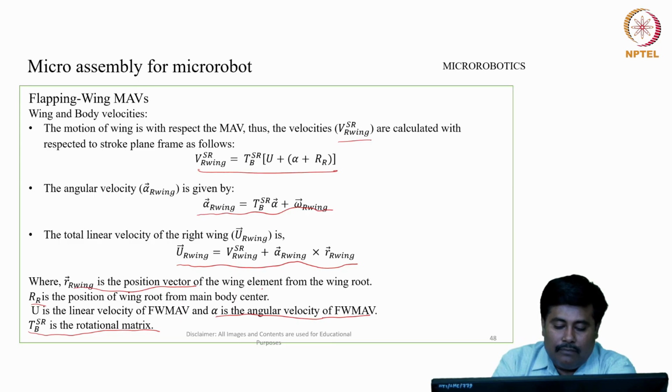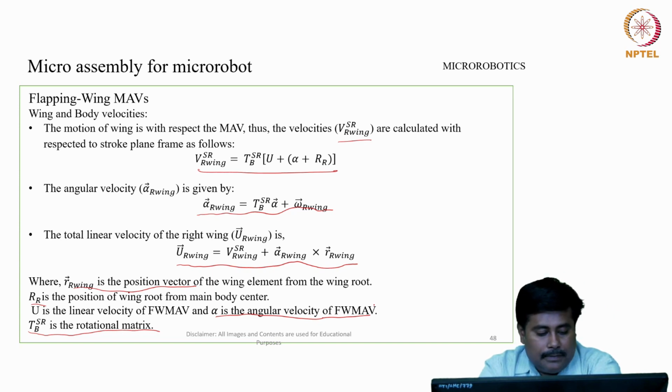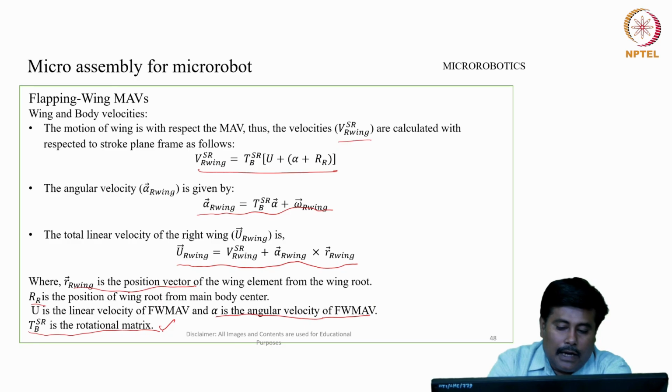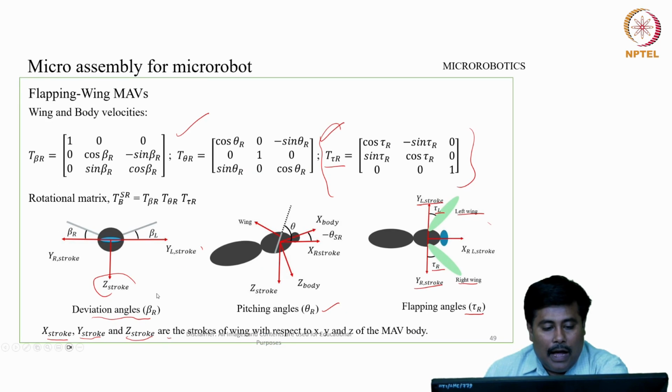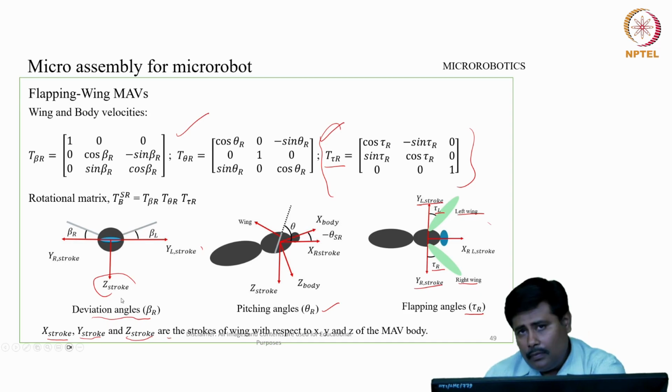R wing is the position vector of the wing element from the wing root, RR is the position of the wing root from the main body center, U is the linear velocity of the flapping wing MAV, and alpha is its angular velocity. TBSR is a rotational matrix, and omega is the angular velocity of the R wing.